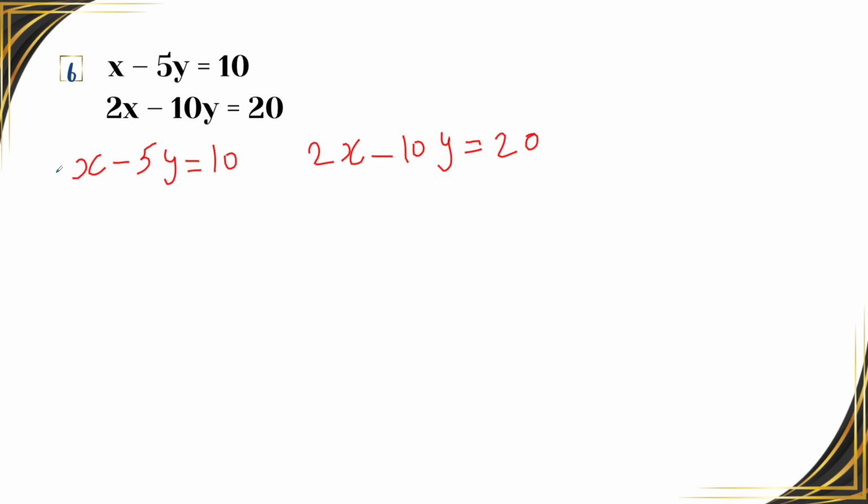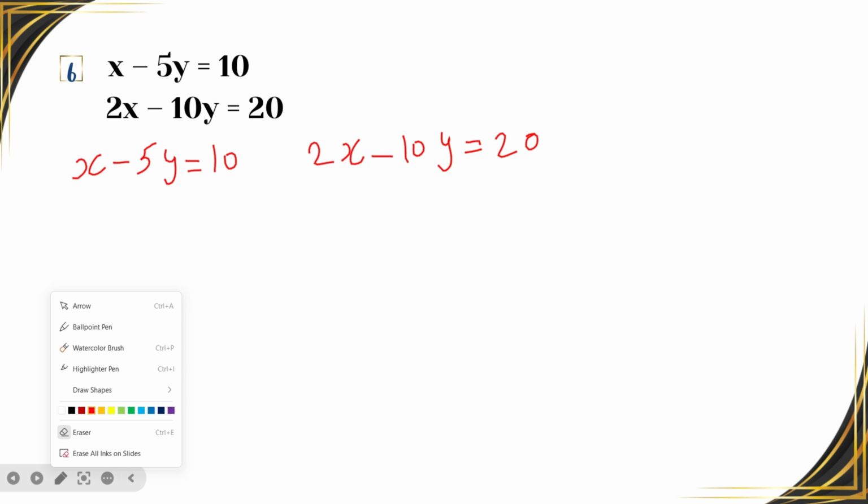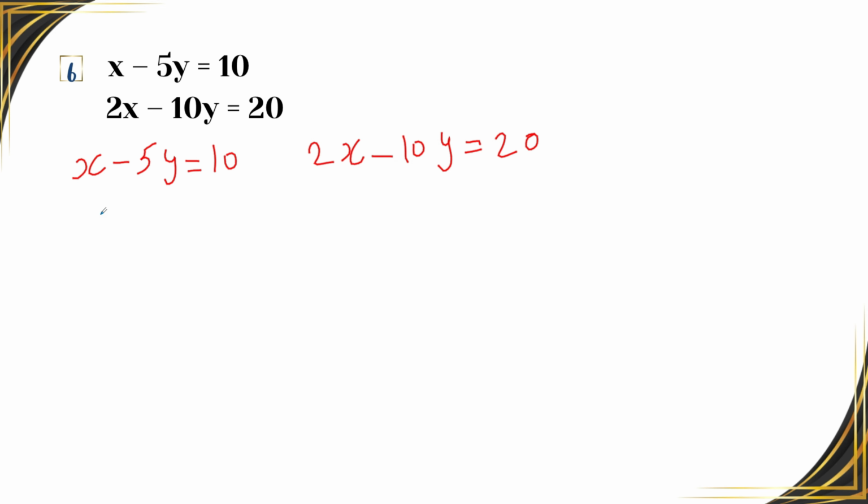When you look at the second equation, the coefficient of x is 2 and the coefficient of y is 10. In the first equation, you can see the coefficient of x is 1 and the coefficient of y is 5. Which one is easiest? The first one, and we solve for x, not y, because y has 5 but x has 1, so that is easier.